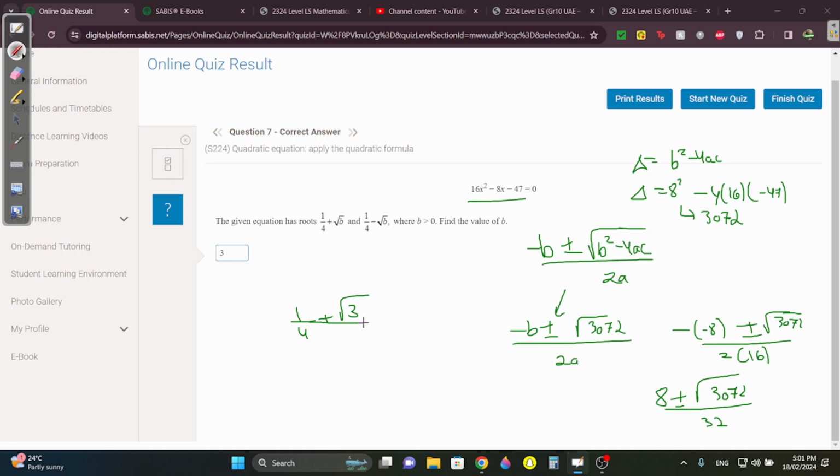Ah, 1 plus 4 radical 3 over 4. The calculator gives it to me as 1 plus 4 radical 3 over 4. But you should be able to cancel this and get 1 plus radical 3 over 4. I don't know why the calculator does this sometimes.